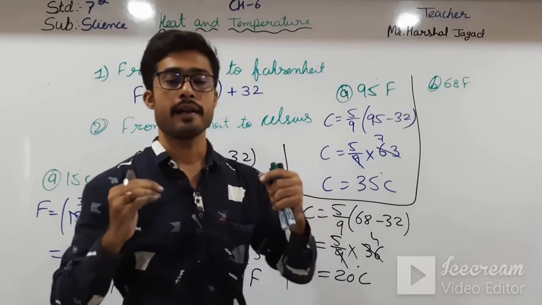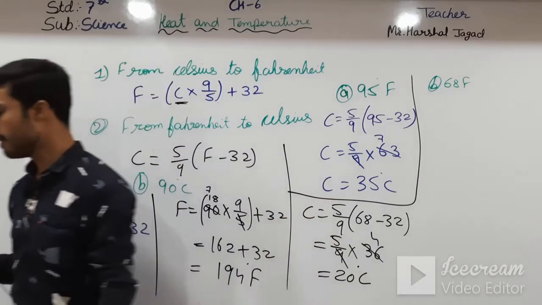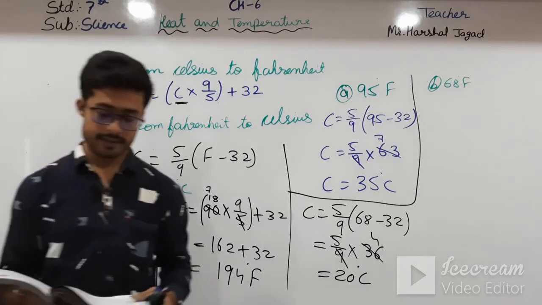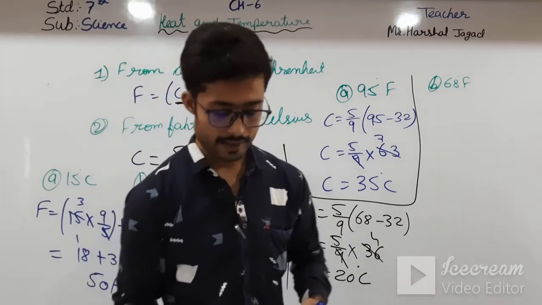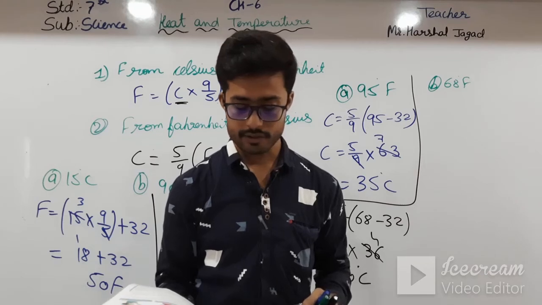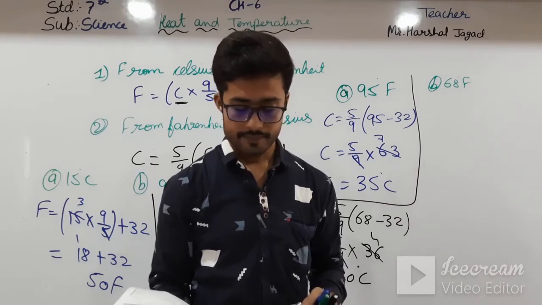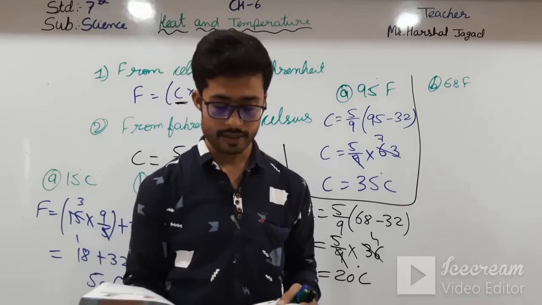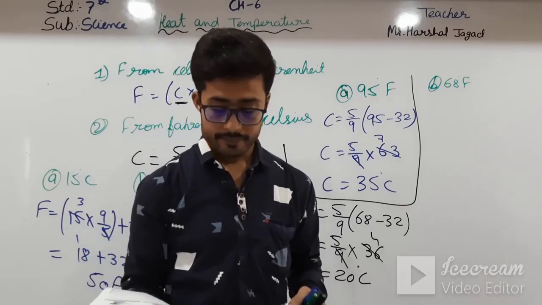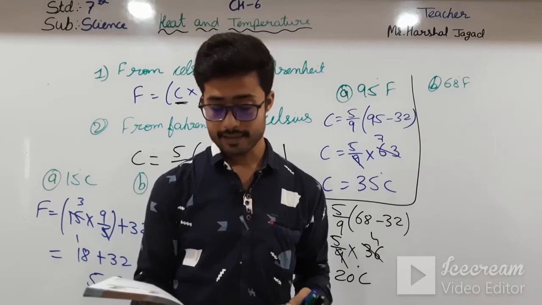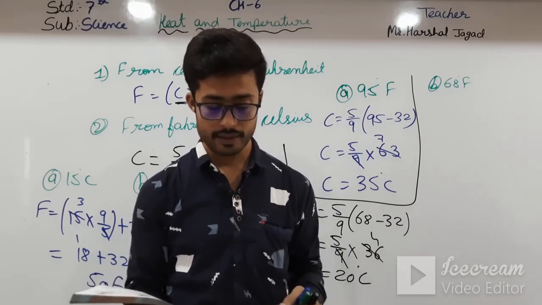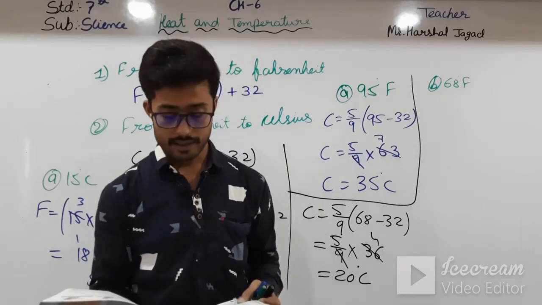And see here, reading a thermometer. Laboratory thermometers are used in laboratories to measure temperature with high accuracy and over a large range of temperature, generally in the range of minus 10 degrees Celsius to 110 degrees Celsius. They can be either mercury or alcohol thermometers.